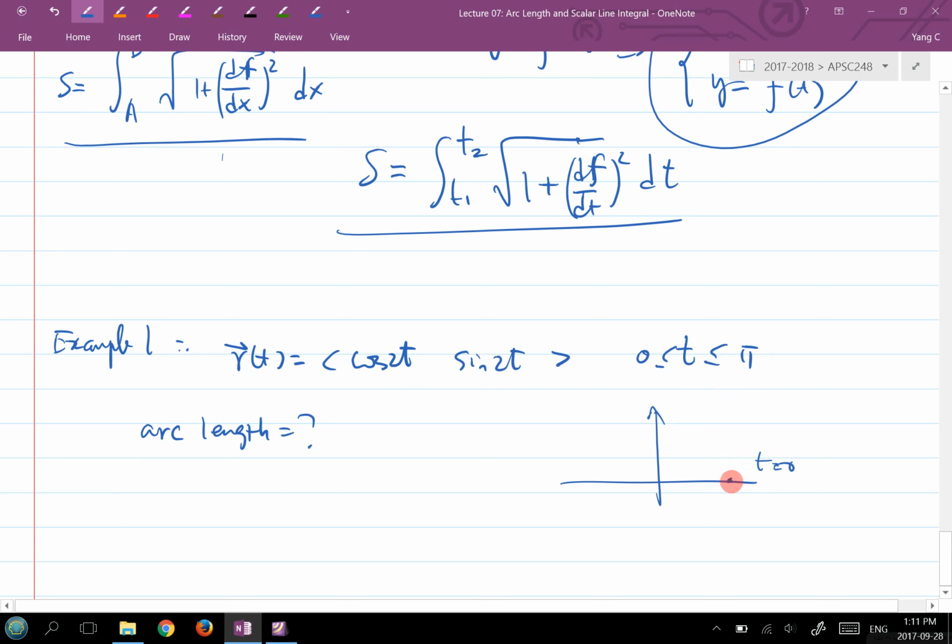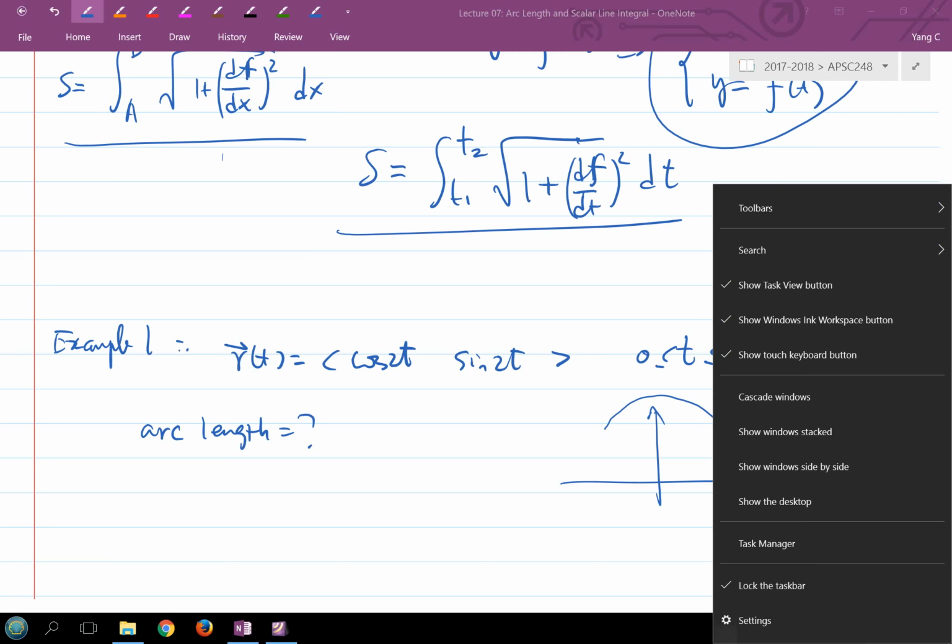Where does it end? At 2t equal to 2 pi, so cosine 2 pi is 1, sine 2 pi is 0.